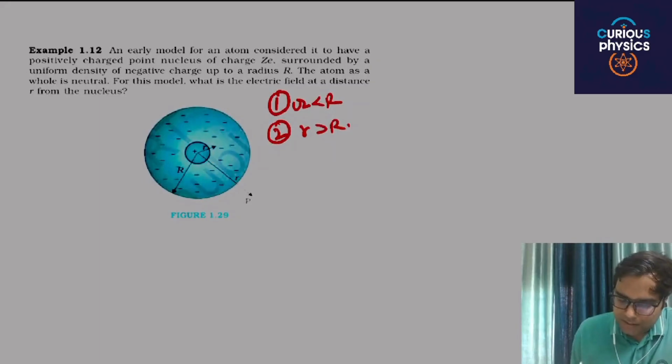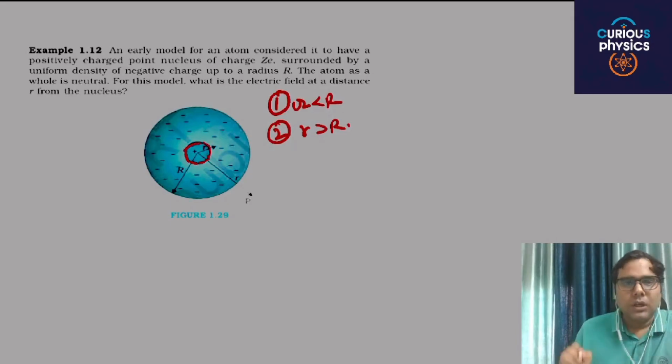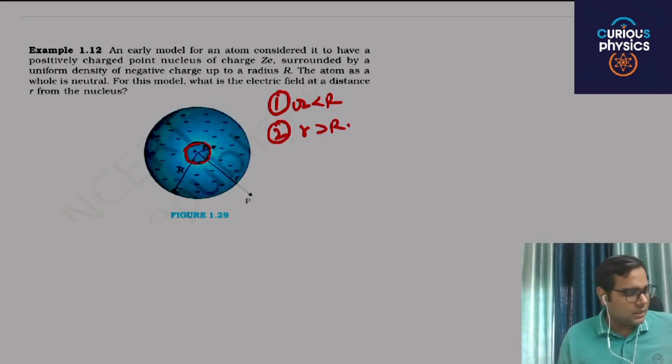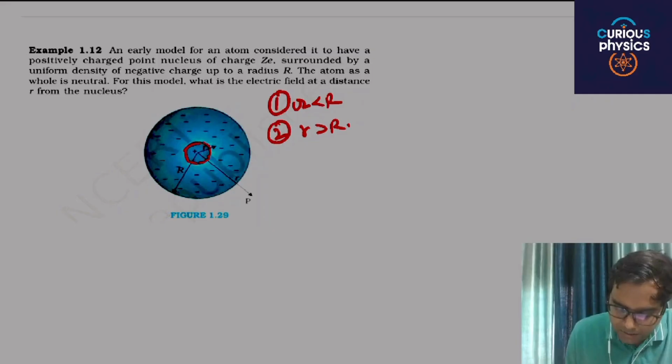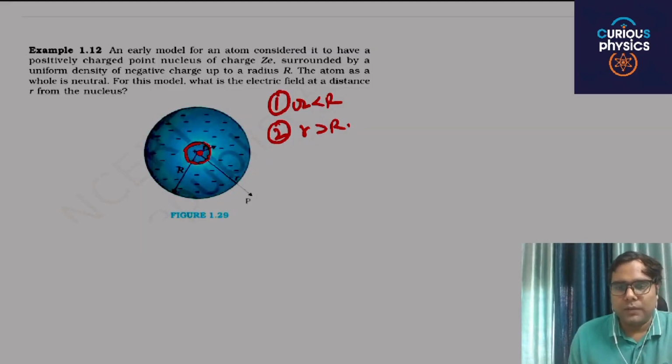So first case, let us assume this is the Gaussian surface. The positive charge is concentrated at the center, so it will be treated as a point charge, but the negative charge is distributed in the whole volume.